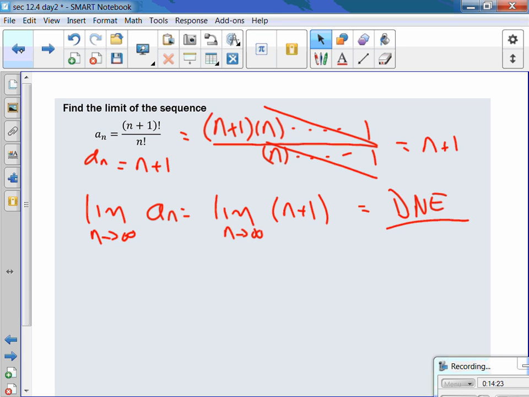I had one more term, absolutely. I have one more term, or excuse me, one more factor in my numerator than I do in my denominator, don't I? Because I'm multiplying 1 always up to n in the denominator, and then I'm throwing in one additional n, or the n plus 1, in the numerator. So I actually do have a higher degree polynomial in my numerator, don't I?